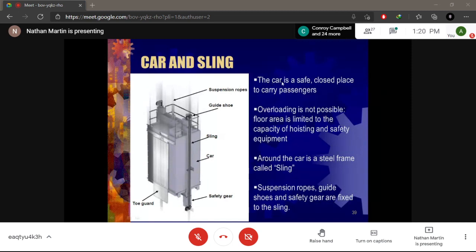Now, the car is a safe, closed place to carry passengers. Overloading is not possible. Floor area is limited to the capacity of hoisting and safety equipment. What they are saying is that this type of elevator is so designed that once only so many persons can fit, it is able to carry them.